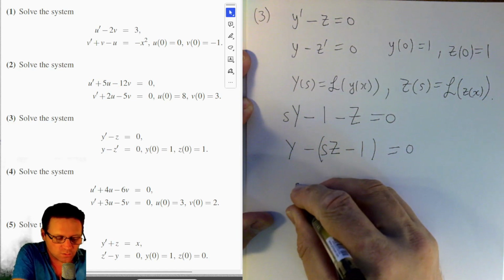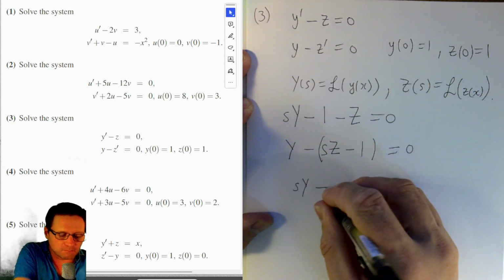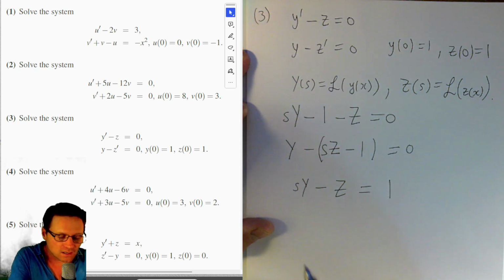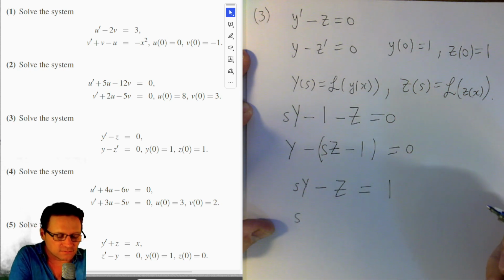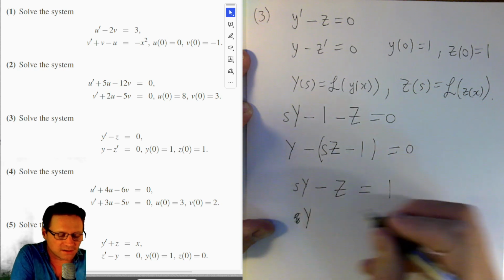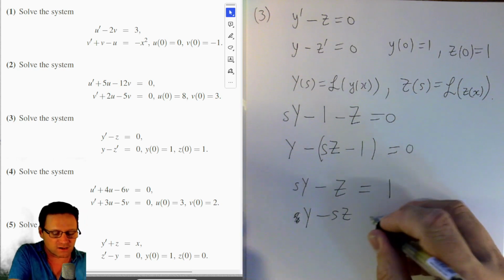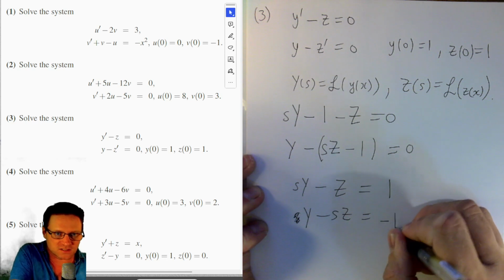So we get s y minus z is equal to 1. And then we have just single y minus s z. That's plus 1, but when we take that over to the right-hand side, we then get minus 1.